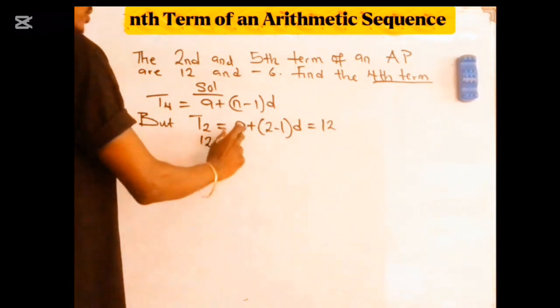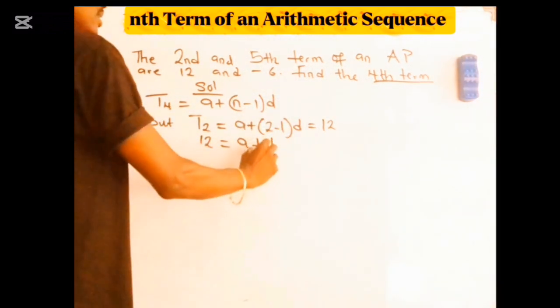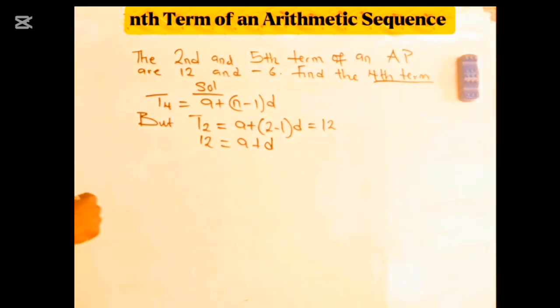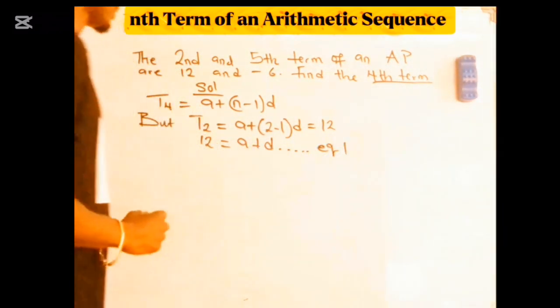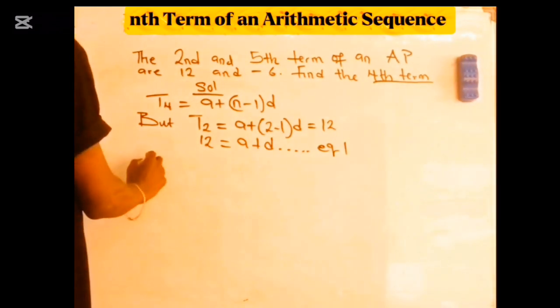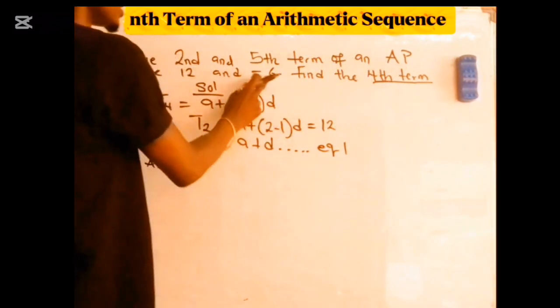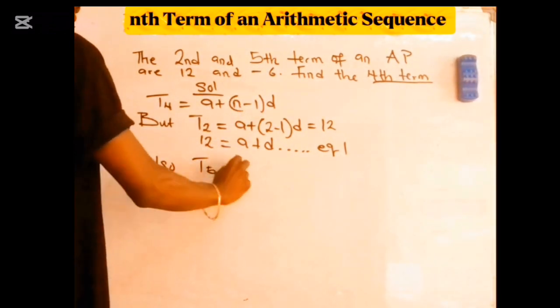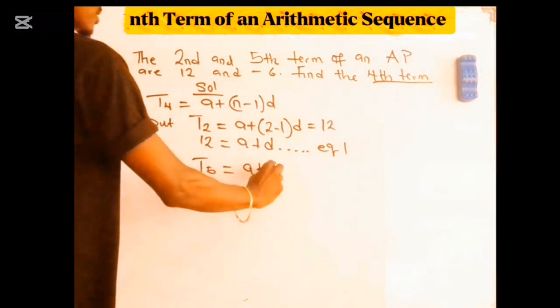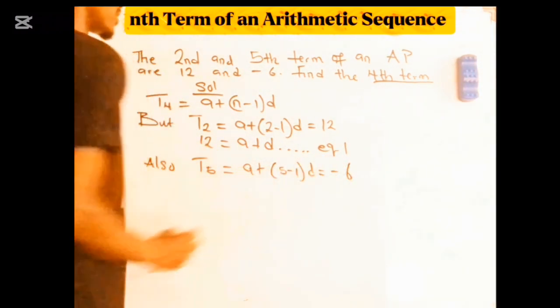So 12 is equal to A plus (2 minus 1), which is 1, times D is D, which is A plus D. Let this be equation 1. Also, the fifth term of an AP is minus 6, which is T5, which is equal to A plus (5 minus 1) D, equals minus 6.